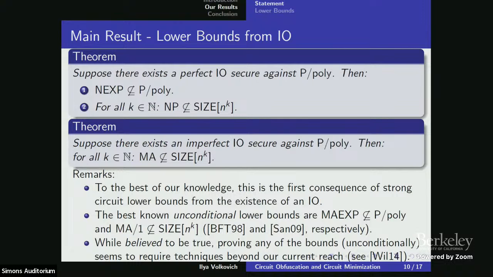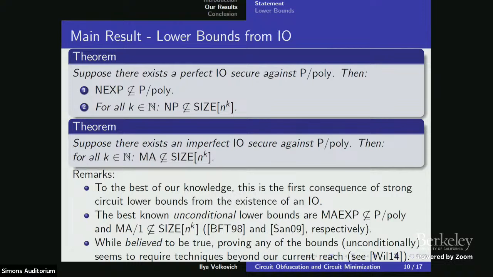More questions, Marco? Are there any uniform versions of these lower bounds? Wait, one more slide, I'll tell you what happens there. Very good. What do you mean by the best known unconditional bounds?